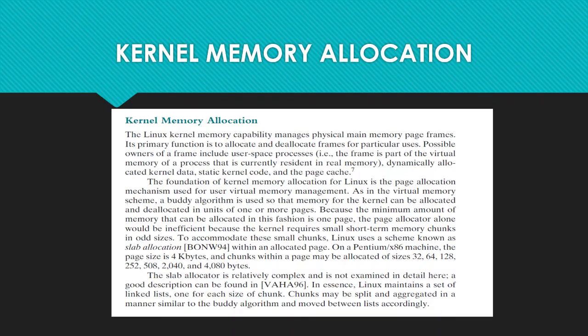In essence, Linux maintains a set of linked lists, one for each size of chunks. Chunks may be split and aggregated in a manner similar to the buddy algorithm and moved between lists accordingly. So this is all about the kernel memory allocation system.